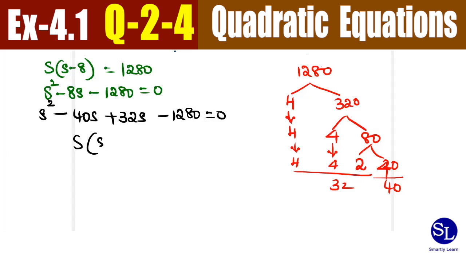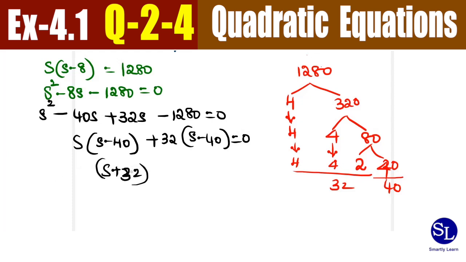So s into s minus 40 plus 32 into s minus 40 is equal to 0. So s plus 32 into s minus 40 is equal to 0. So s is equal to 40 or minus 32. Remember, the speed of a train cannot be negative.